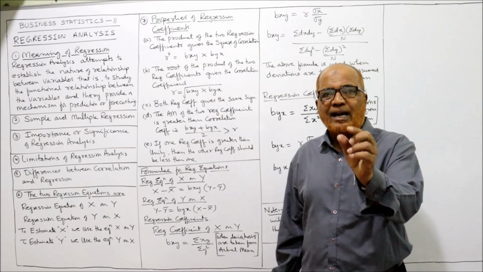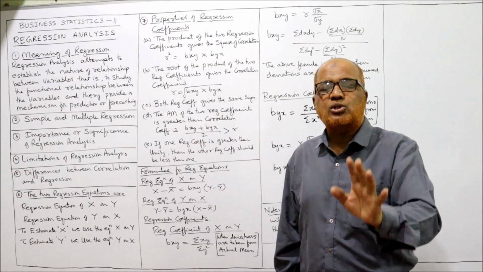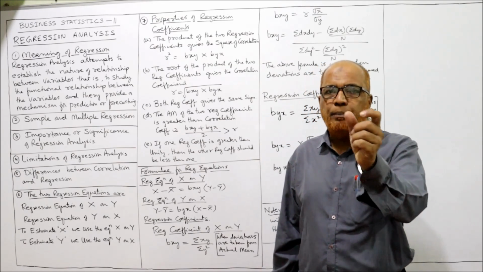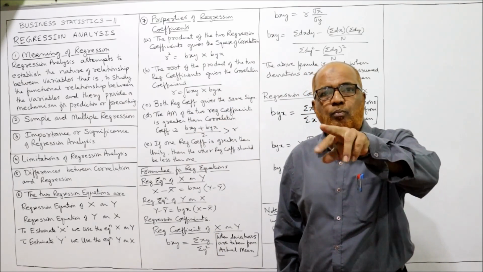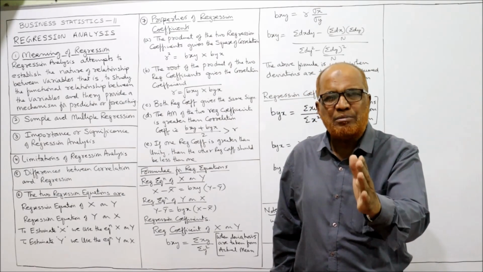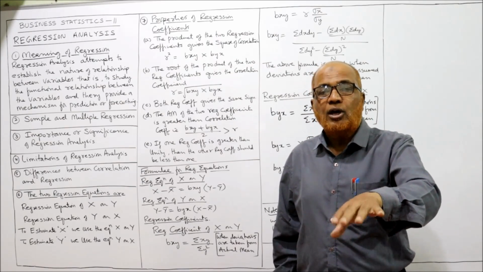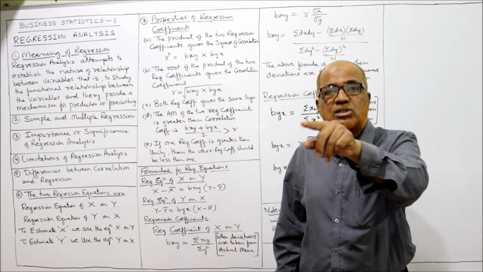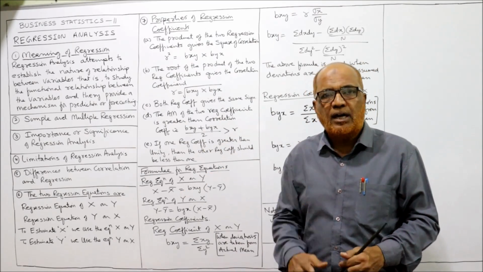If you get bxy positive, then byx must also be positive. If you get bxy negative, then byx should also be negative. Both must be positive or both must be negative. You should never get one positive, one negative.